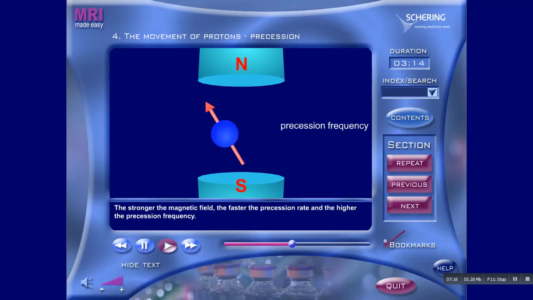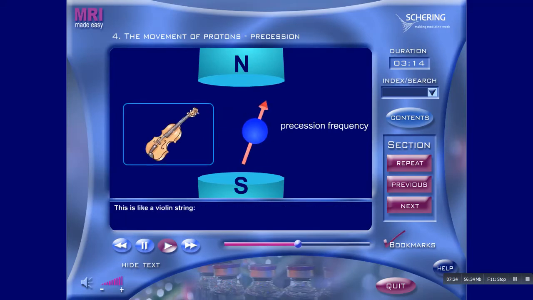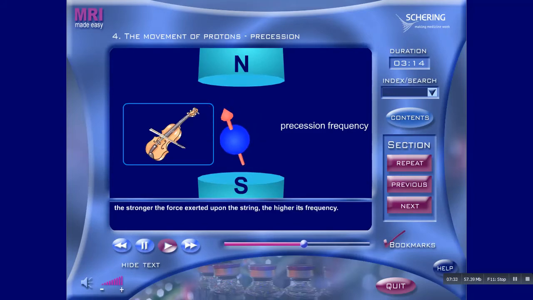The stronger the magnetic field, the faster the precession rate and the higher the precession frequency. This is like a violin string. The stronger the force exerted upon the string, the higher its frequency.